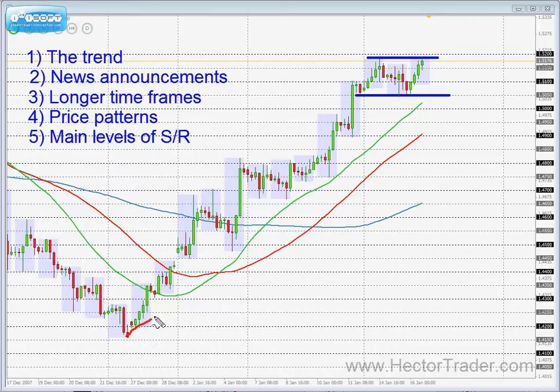Moreover, we have a clear uptrend. Actually, let me draw that properly. There we are. That's an uptrend line, a rather clear one, which comes at the same level as this double bottom I was just talking about.